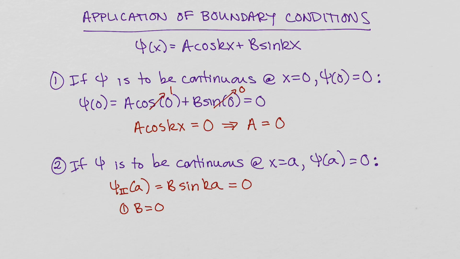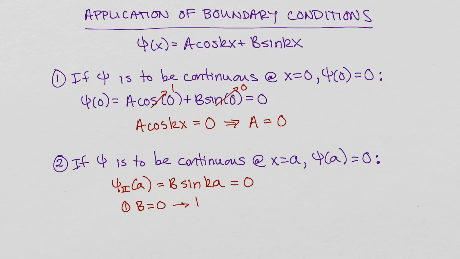But that is not super interesting to us, because then that leaves us with a equals 0 and b equals 0, which means we have no wave function, and we've already said that no wave function means that we don't have a particle, which is not a very interesting problem for us to look at. So this is what we would call a trivial solution. Okay, so we want to see if we can find something else that will work.